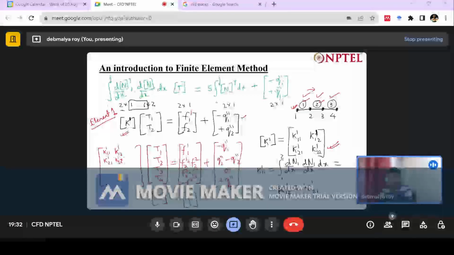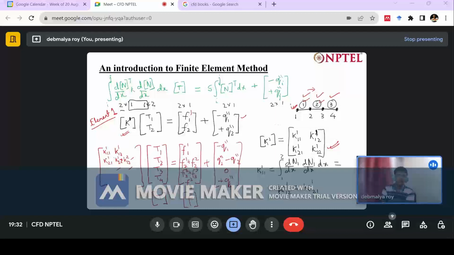So there will be one K22 from the second element as well, and you will have subsequent points. You will see in this particular case the diagonal elements which are not in the extreme points, not 1 and the last, but 2 and 3, K22 and K33, will have some overlap.